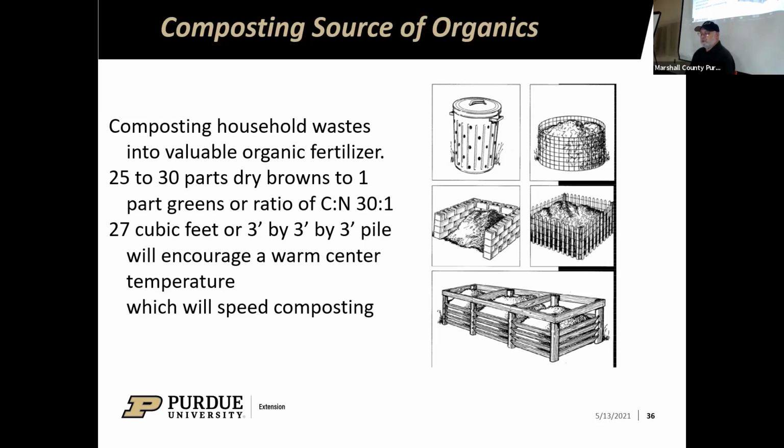Just like many things, we want it to be the consistency of a wrung out sponge. Moisture present, but we don't want it saturated. An anaerobic system of composting would actually put out odors. And then we want to make sure we have proper aeration, so it's an active, aerobic process, not an anaerobic one.